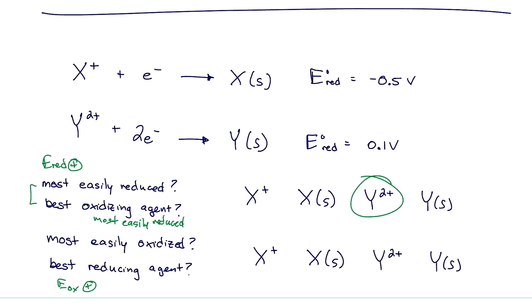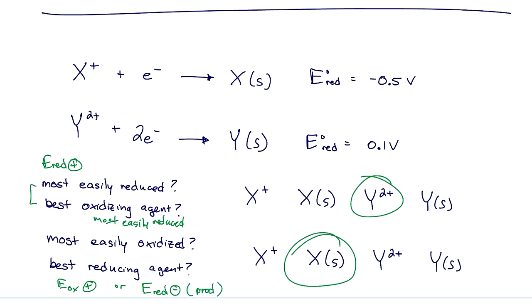But which substance is being oxidized, X solid or X plus? The solid, yes, it is the solid. So you're looking for the most positive oxidation value or the most negative reduction value, but again, you want to point to the product because you have to flip the reaction for an oxidation reaction.